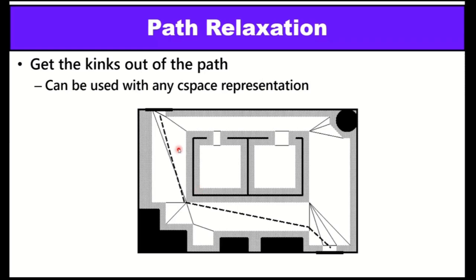Otherwise, as per correct calculations, the position may come towards the corner points. At that time, robot size and orientation can obstruct. In such cases, to avoid such kinking, paths are relaxed. This is called path relaxation.